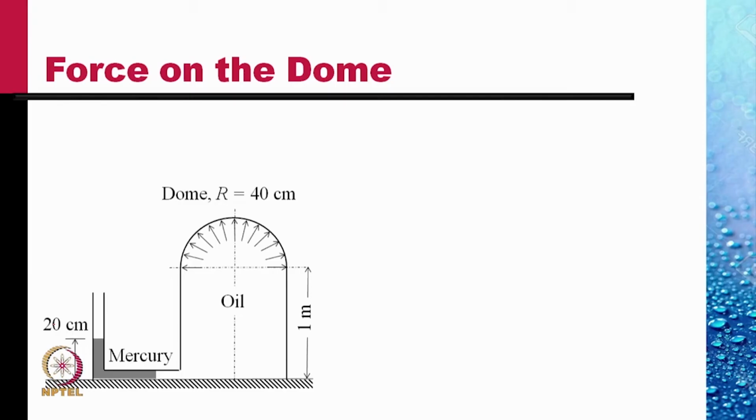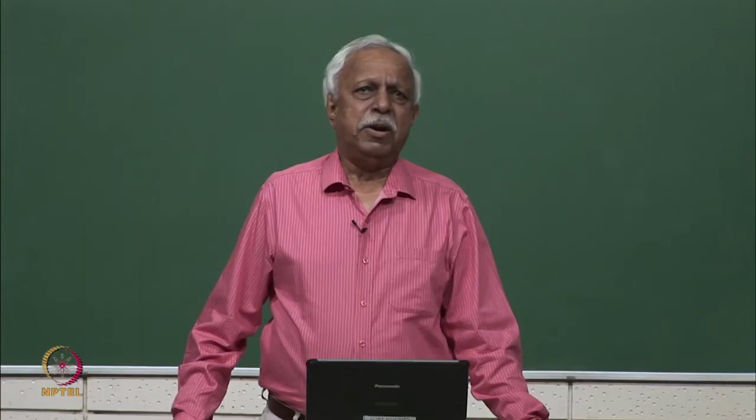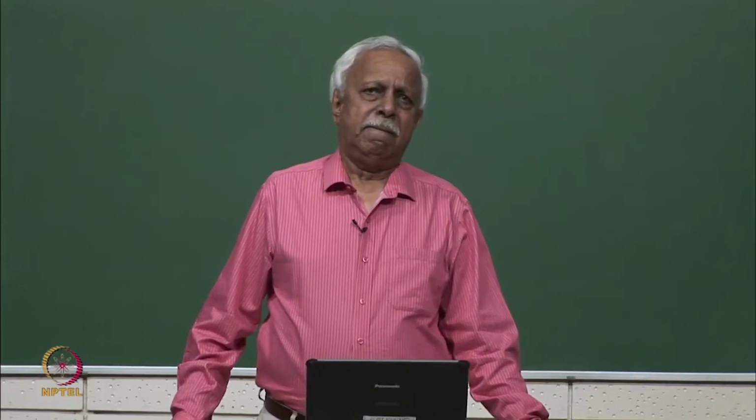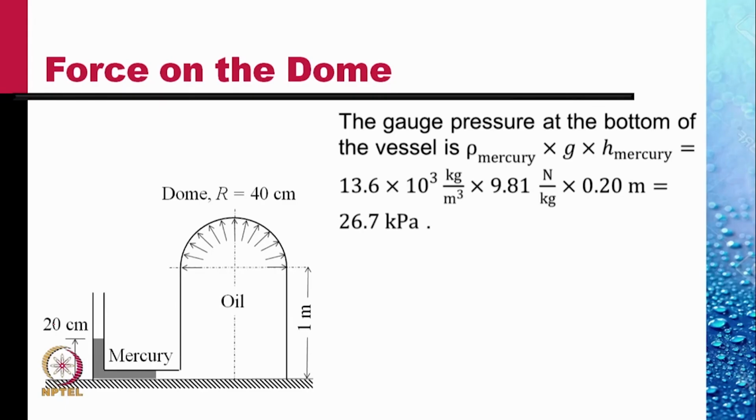So first we will find out the pressure at the bottom of the tank. The gauge pressure at the bottom of the tank is rho of mercury times G times the height of mercury, which is 20 centimeters. So this pressure is 26.7 kilopascals.